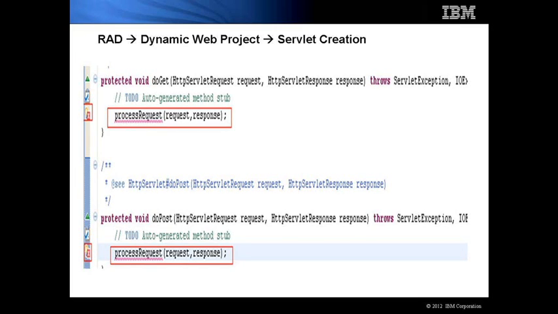If you have any error or warning regarding the code inside RAD and RAD has a possible solution for that problem, then we can use the quick fix icon. Currently the problem is we cannot execute processRequest in this way, just by writing processRequest with the parameters request and response. It requires a main method for the execution, just like to execute any Java class we require a main method. Similarly, to execute processRequest, we need a main method for it.